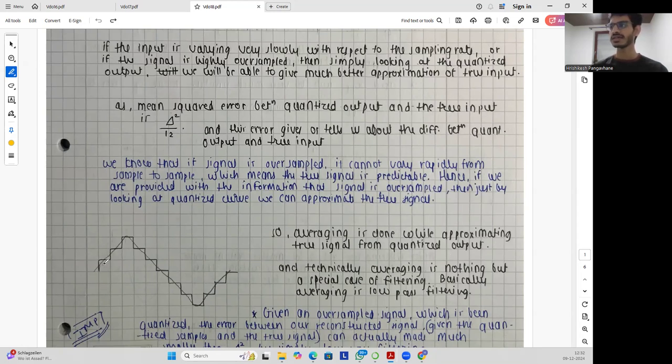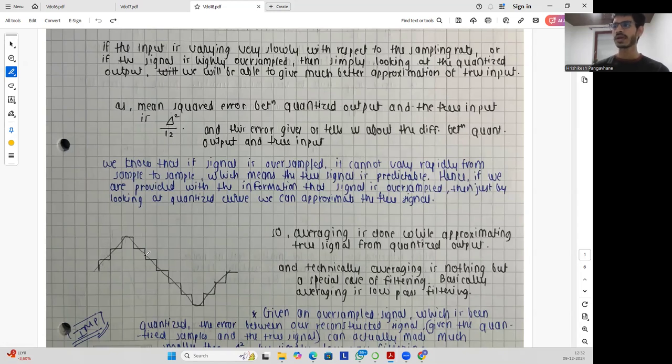So averaging is done while approximating the true signal from the quantized output. And in technical terms, averaging is nothing but a special case of filtering. We are filtering out the higher contents and averaging over here. So basically averaging is low pass filtering.